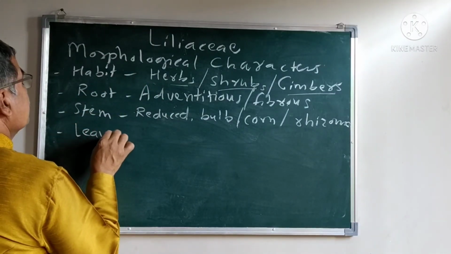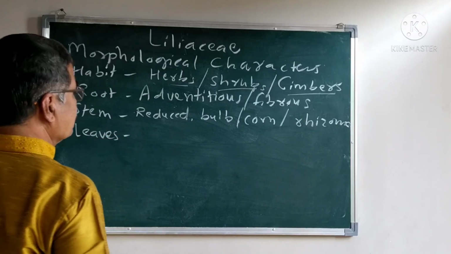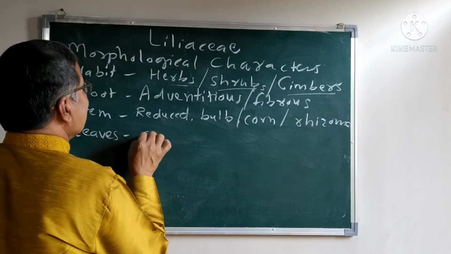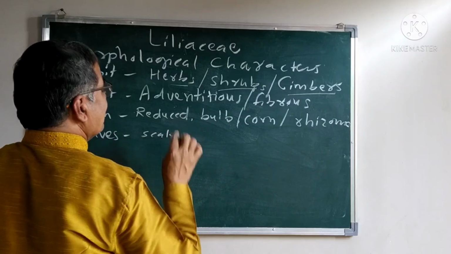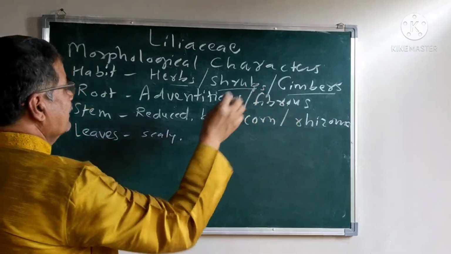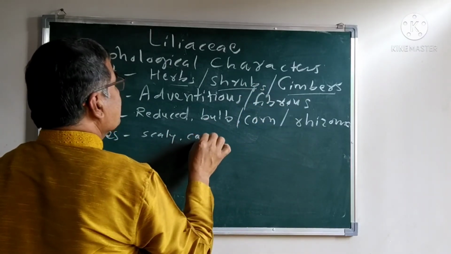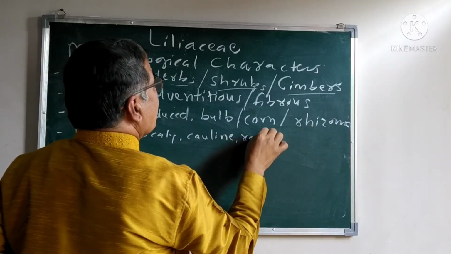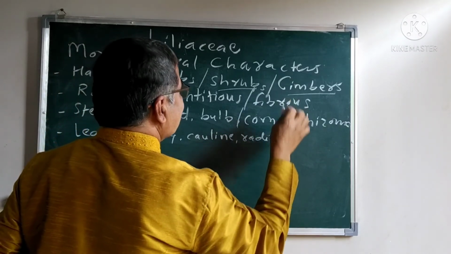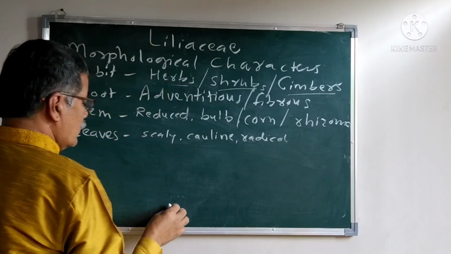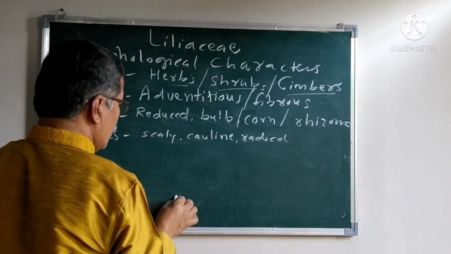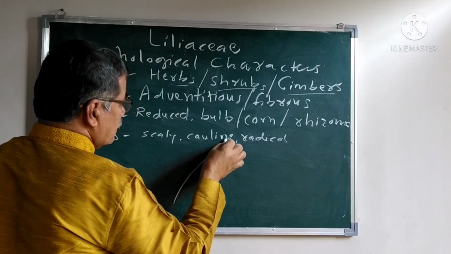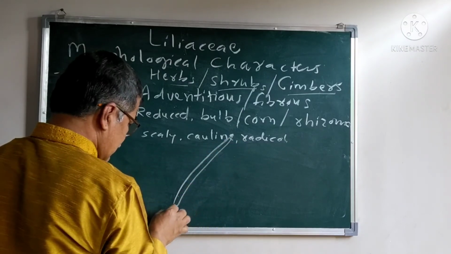Leaves are the photosynthetic organs. Leaves are scaly in asparagus. Leaves are cauline and radical. We are familiar with the onion leaves.